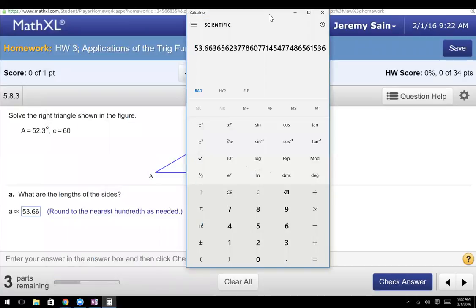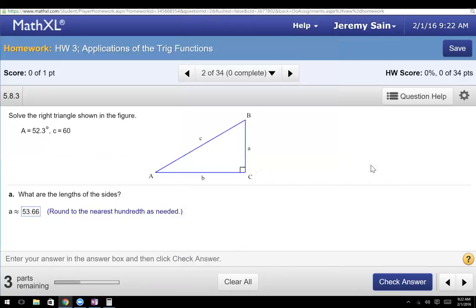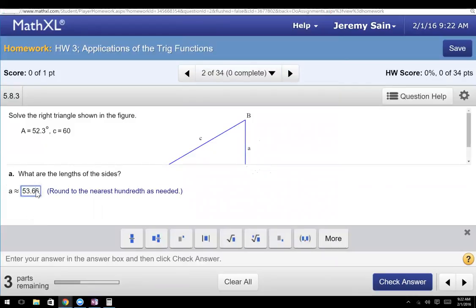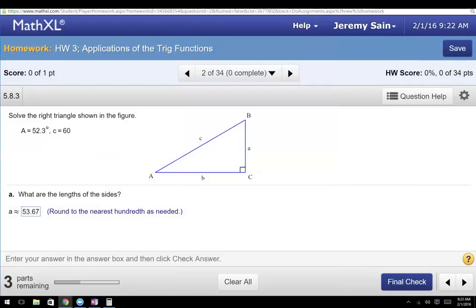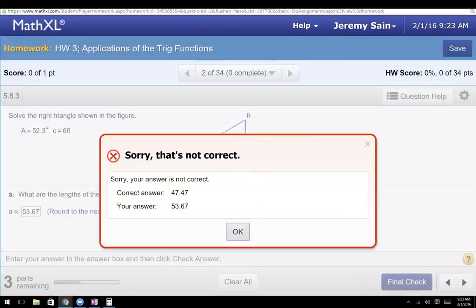It happens. 52.3 sine times 60. 53.66. It says double check your value. Let me hit it again. That should be right.